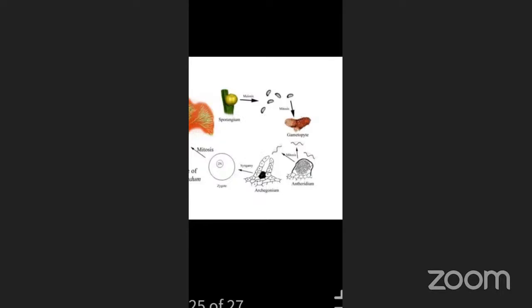After fertilization, the anthrozoids released from the antheridia swim to reach the egg and form a zygote. The zygote divides transversely, forming an outer epibasal cell toward the neck side and an inner hypobasal cell.